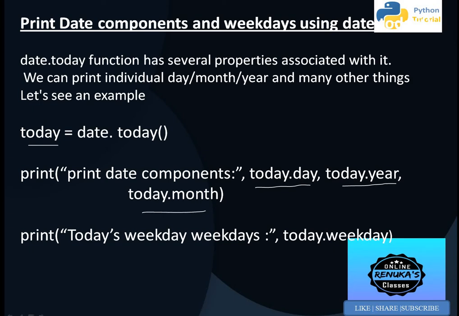This will separately give us the various components of the date, that is month, day, year. Then if we want to print the weekday, where Monday is 0 and Tuesday is 1, we can write the weekday method with the help of the instance today. This is how we can print date components and weekdays.